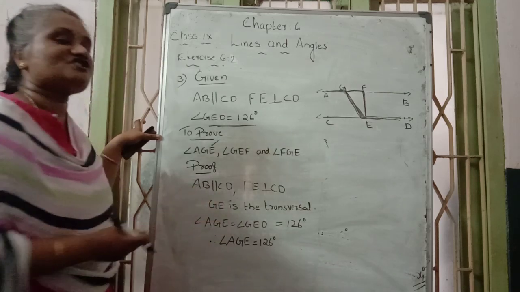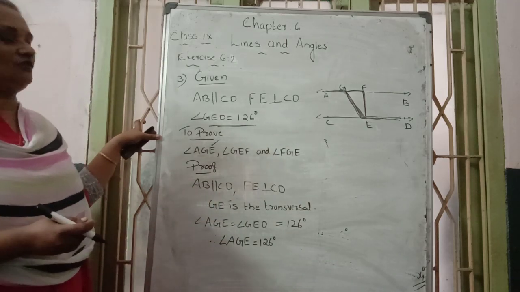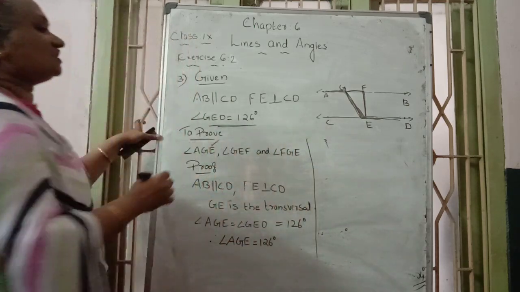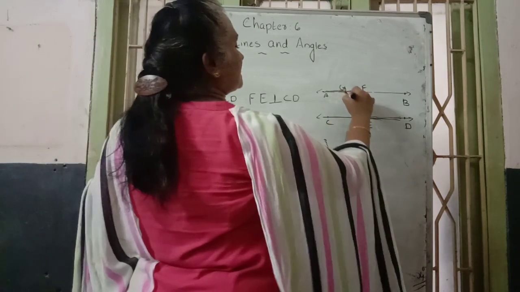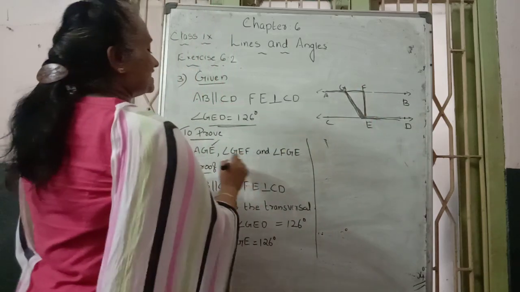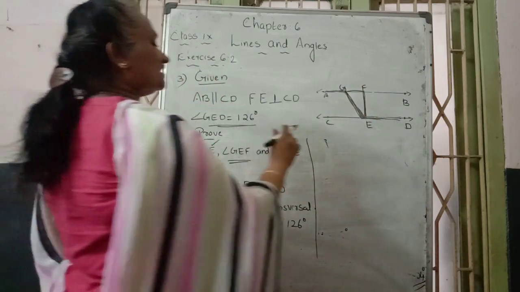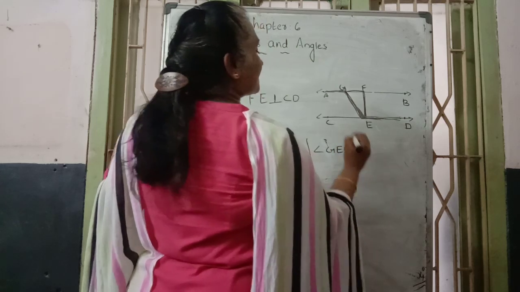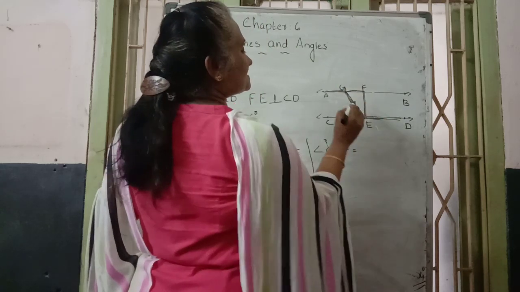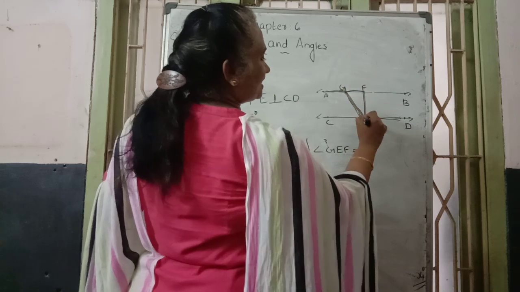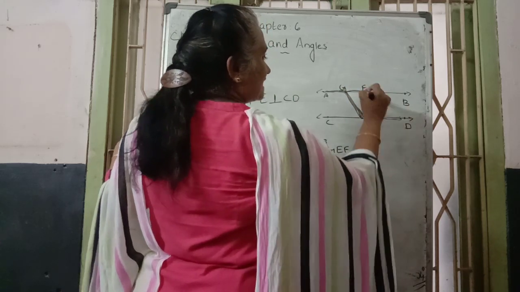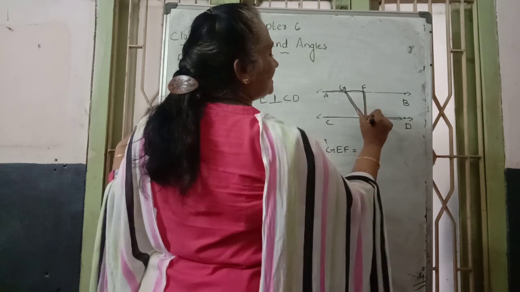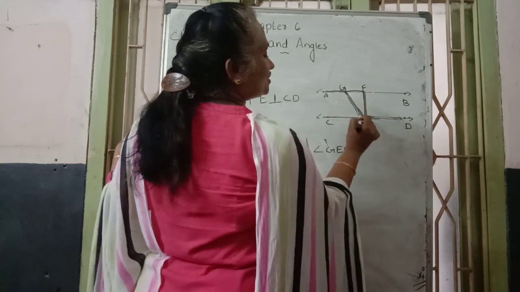So we got the AGE value as 126. Then next we want the GEF angle. GEF angle, they ask you to find. How can we write angle GEF? See, our big angle GED, subtracted with the FED angle, gives this angle GEF.